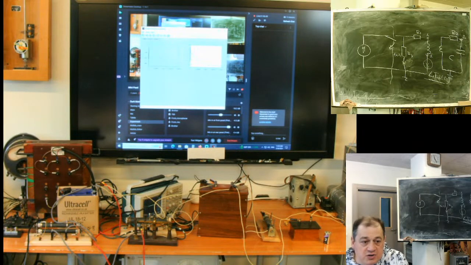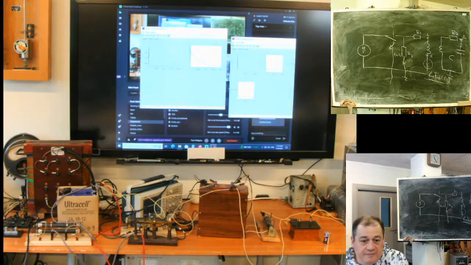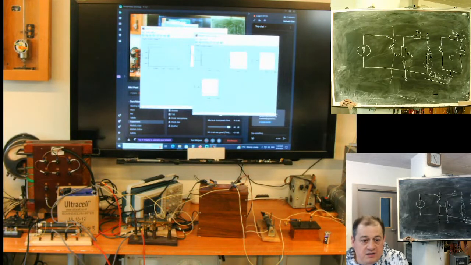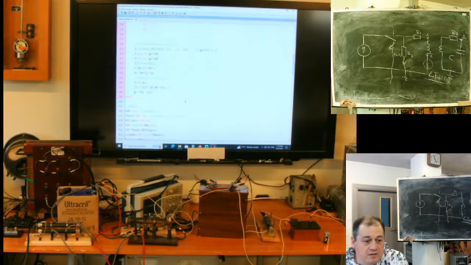Secondary part, short spike up and then it should oscillate for different currents, short spikes in different time scale. Let's say 12 milliseconds.